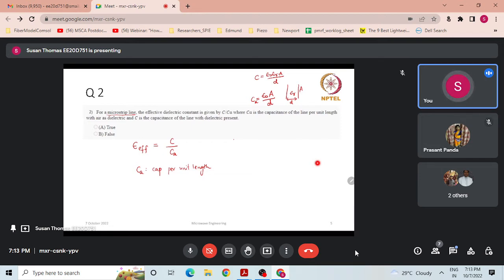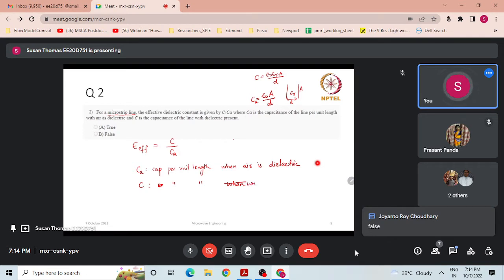If you observe this, you can intuitively say whether the statement is true or false. Ca denotes the capacitance per unit length when air is the dielectric, and C denotes the capacitance per unit length with a dielectric having a dielectric constant of epsilon r.